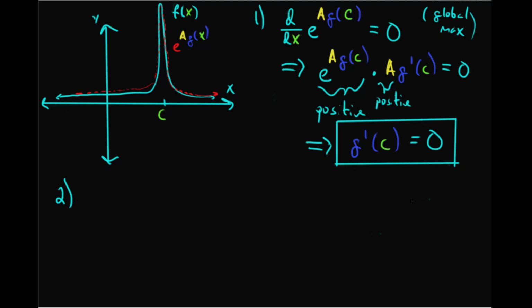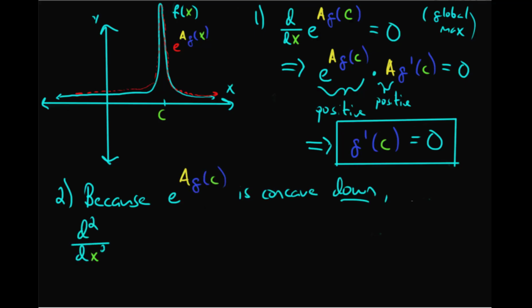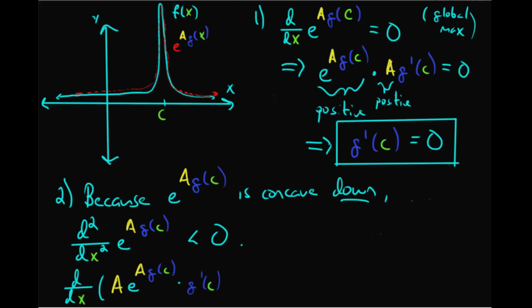Second of all, because e to the a times g of x at x equals c is concave down, that means that the second derivative of e to the a times g of x, evaluated at x equals c, must be negative. So to find that second derivative at x equals c, I take the first derivative of the function, which we've already found equals a times e to the a times g of c times g prime of c, and I differentiate that again using the product rule.